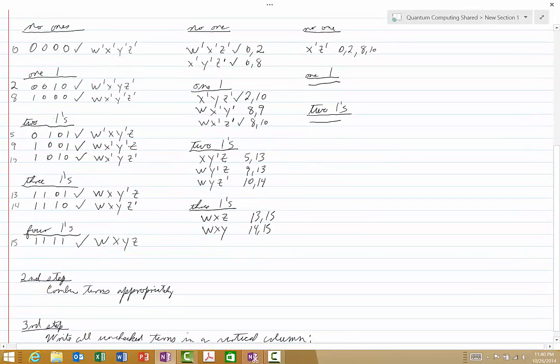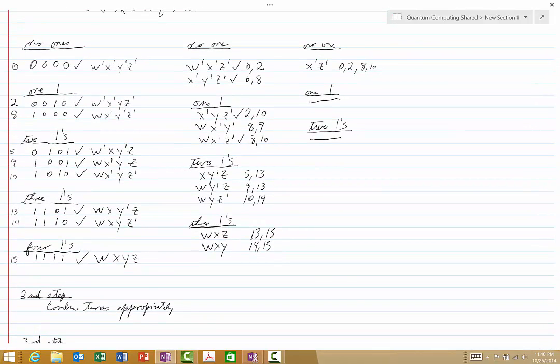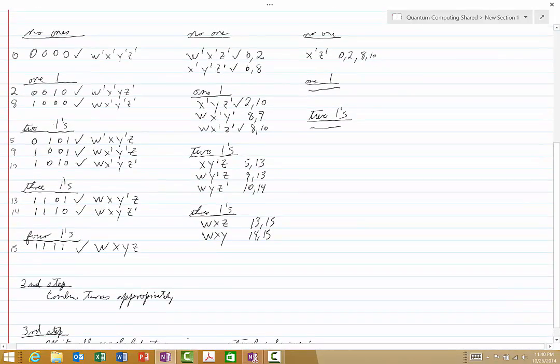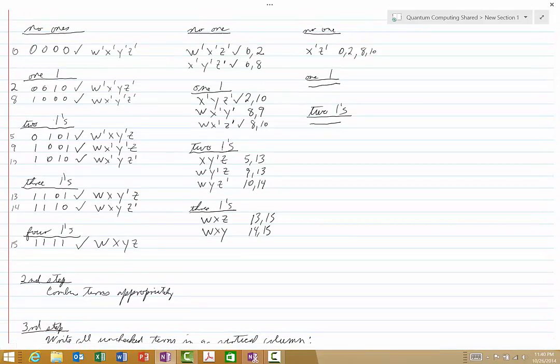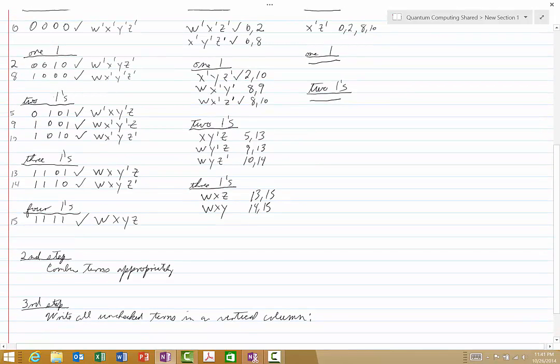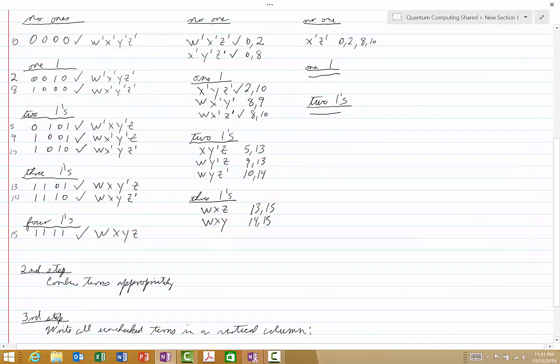Okay? So we want to go back to our work here and look at all the terms that are unchecked. Everything in the first column has a check mark by it. When we go to the second column, we see the first one that is unchecked is W, X prime, Y prime, and that is 8, 9.